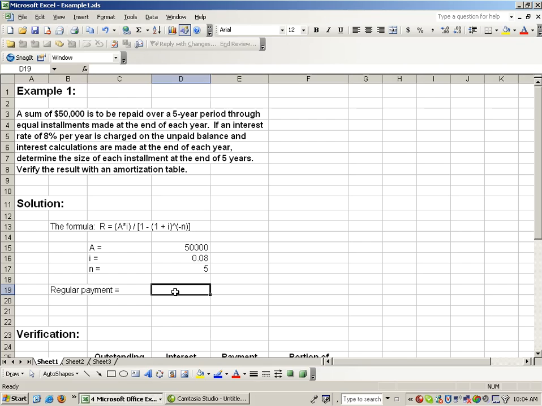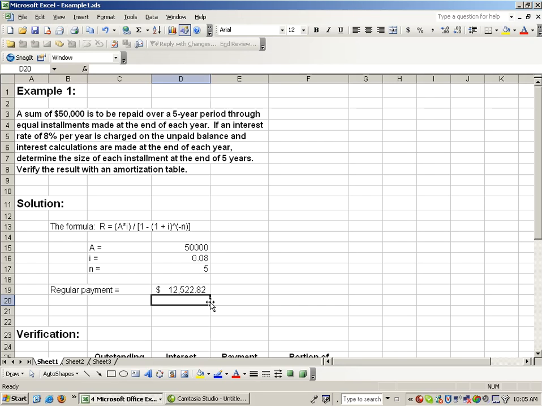Okay, so let's follow the formula. So R equals A times I divided by 1 minus parenthesis 1 plus I to the power of negative n. Close it twice, and we end up with $12,522.82.